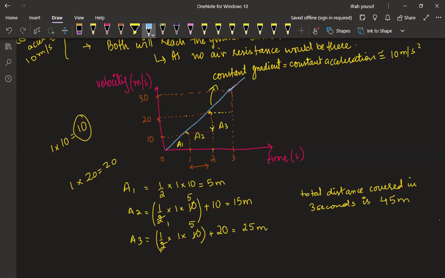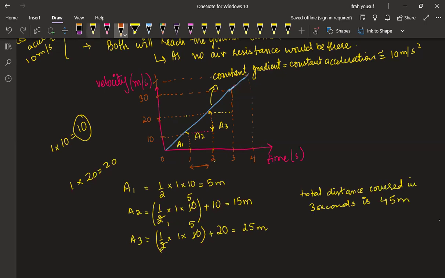So if I continue this graph, I will have the straight line and I can find out another value. At 4 seconds, it's going to be somewhere over here, and the speed is going to be 40, keeping in mind that the gradient is constant here.